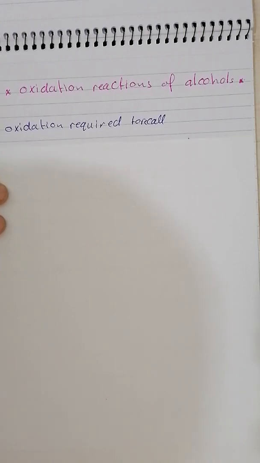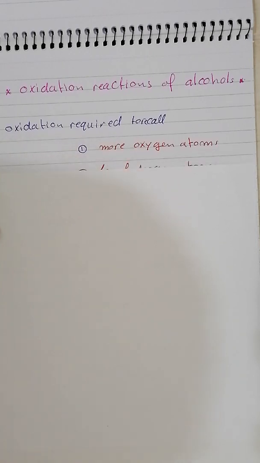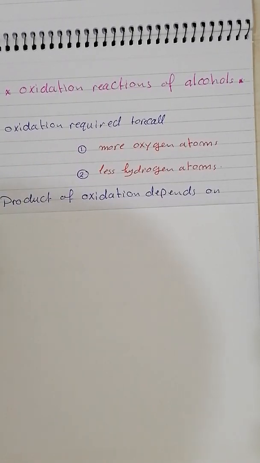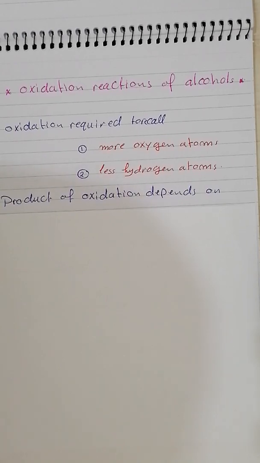Now, another common reaction for alcohols is oxidation of alcohols. In oxidation, we are required to recall the definition. There are more oxygen atoms, less hydrogen atoms, in the product of oxidation.